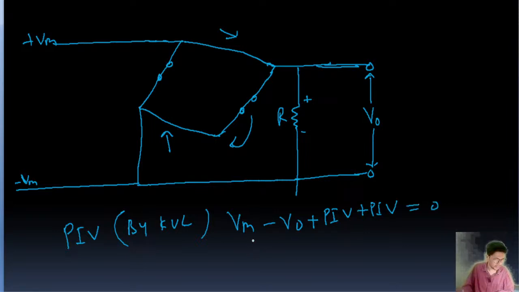So from here we get 2 PIV, where PIV is the peak inverse voltage, equal to V0 and Vm.